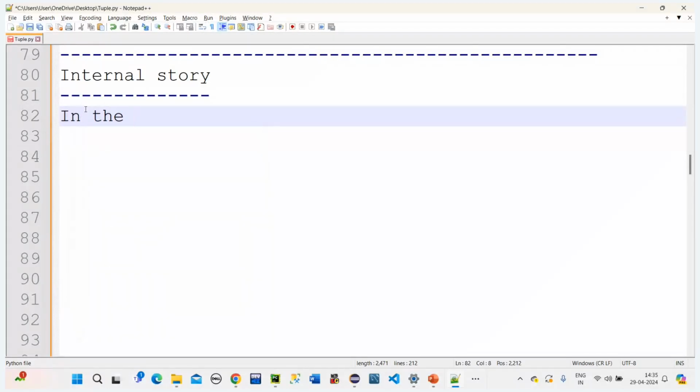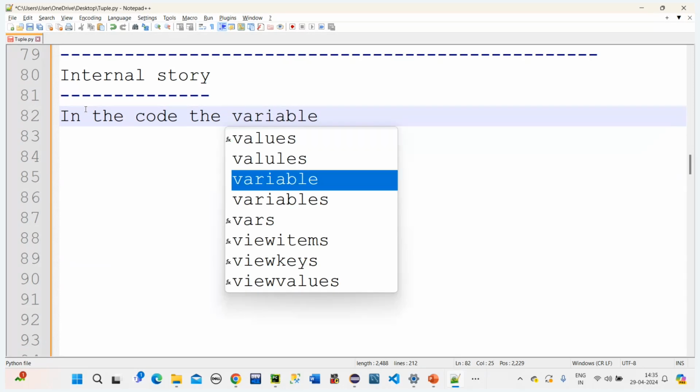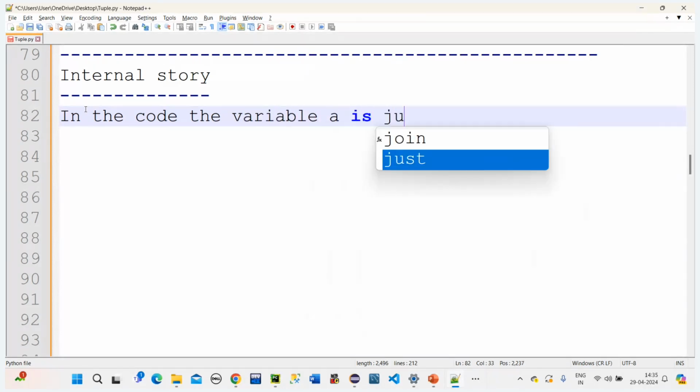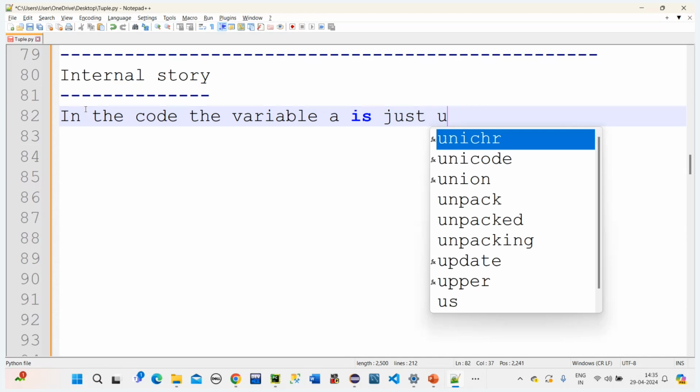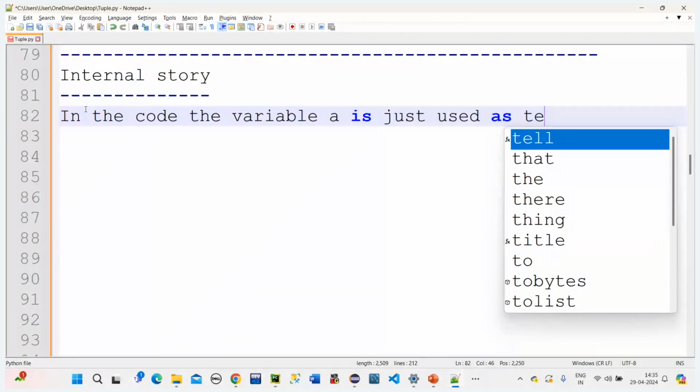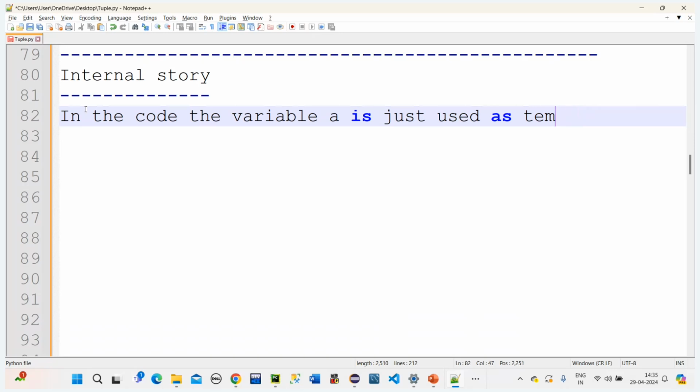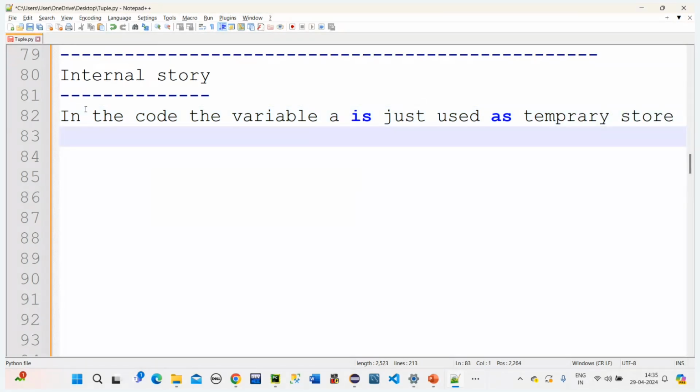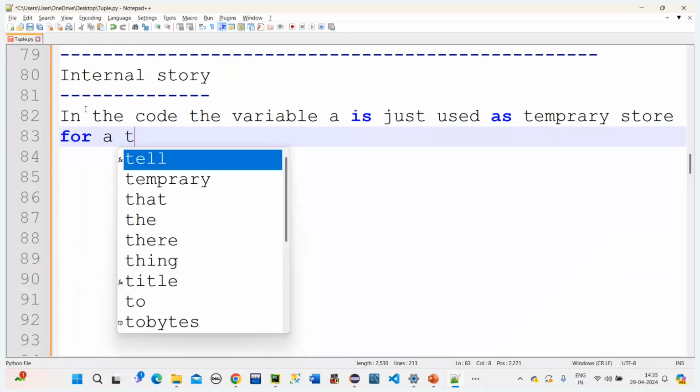In the code, the variable A is just used as a temporary store for a tuple.